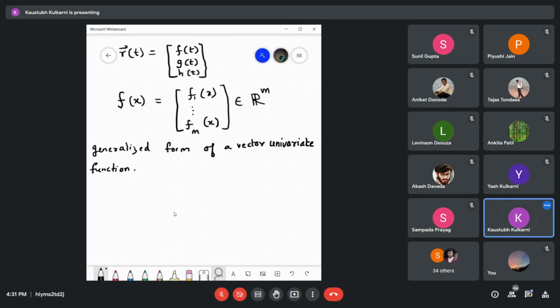I'm giving you the generalized case directly, but x can be only x1, x2, or x1, x2, x3. In general, the x vector is x1, and we write one below the other normally, as a column vector, so x1 to xn.